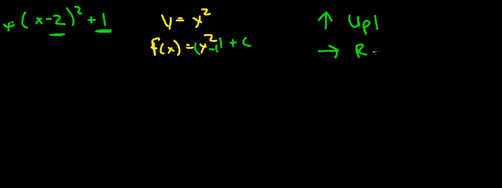To the right 2. So here in this example, we have both happening at once, and that's perfectly fine. That can definitely happen. So let's now graph this out.